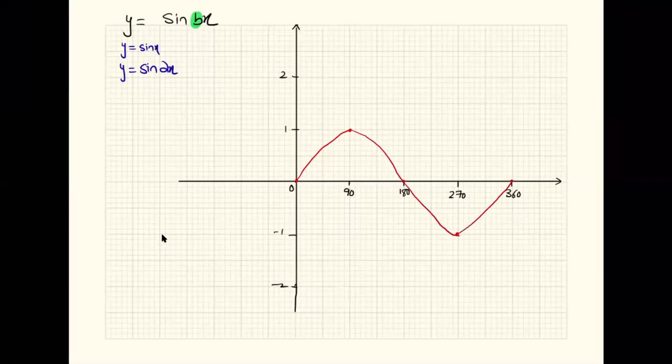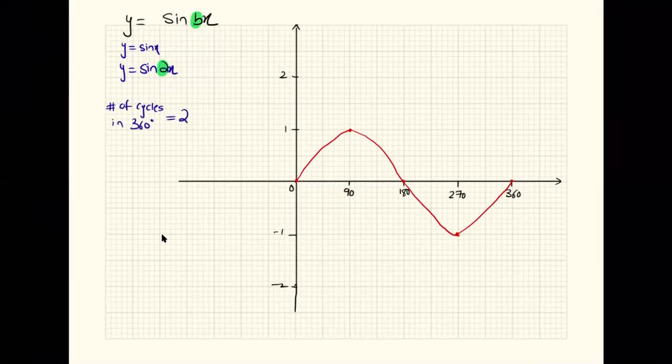Okay. Now, as we spoke earlier, this value is responsible for the number of cycles in 360 degrees. So if the B value is 2 over here, is it correct to say that the number of cycles is going to be 2? Yes. The number of cycles in 360 degrees is going to be 2.